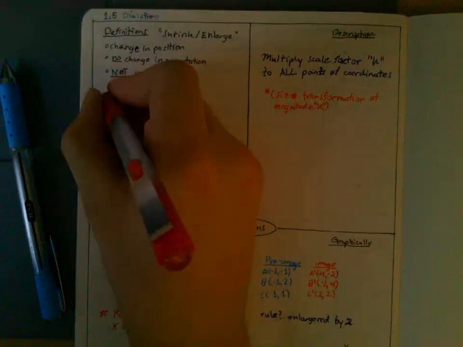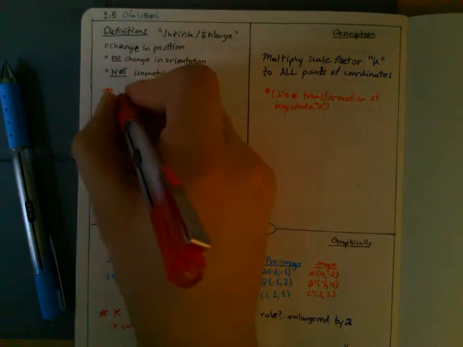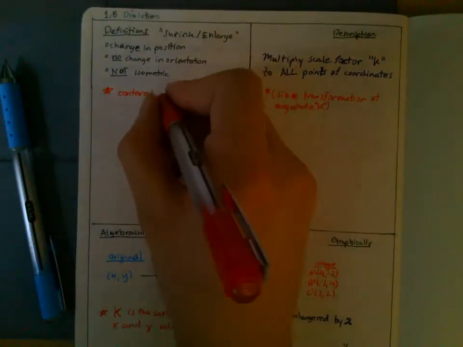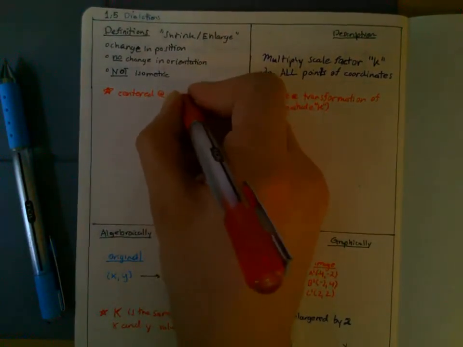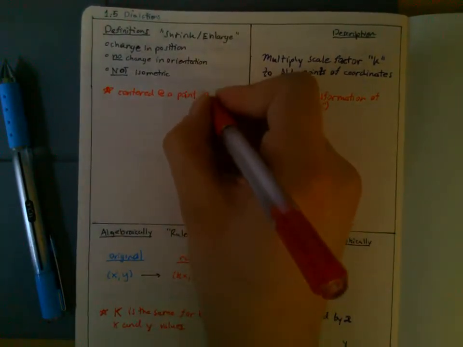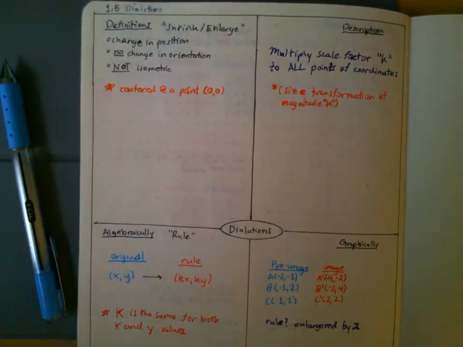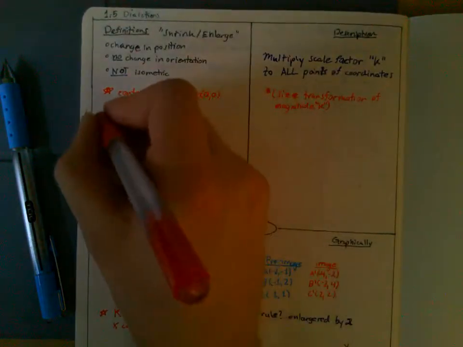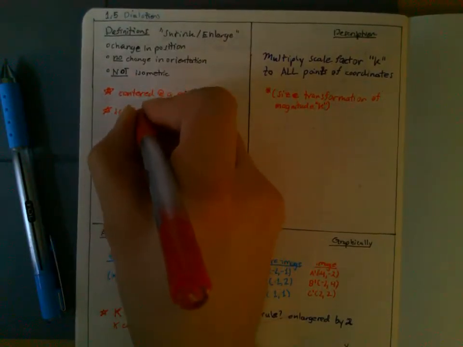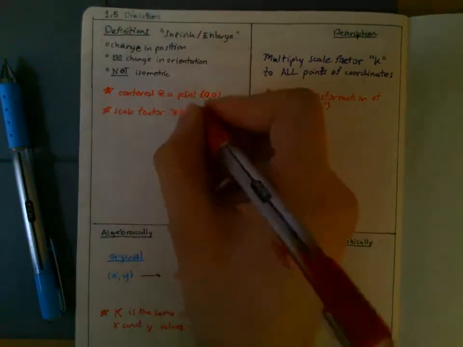There are 2 stars to keep in mind. This is another one where it's going to be centered at a point, that point being 0, 0, and the scale factor k.